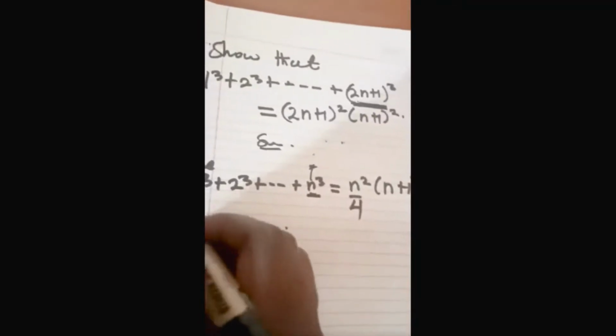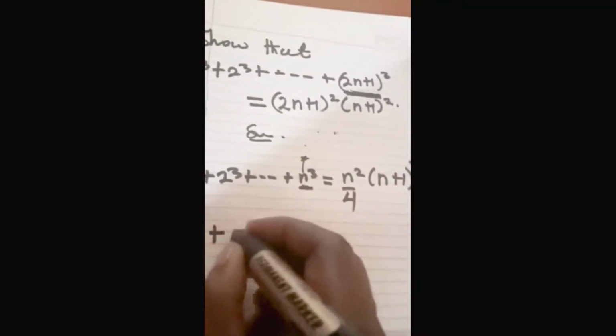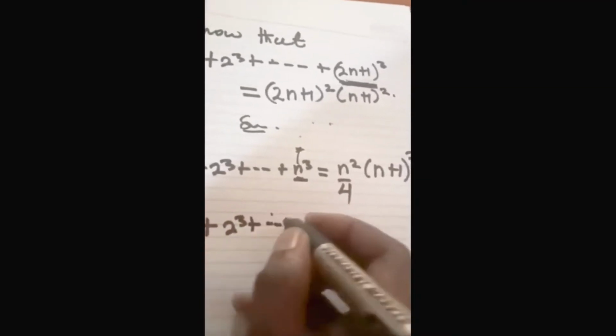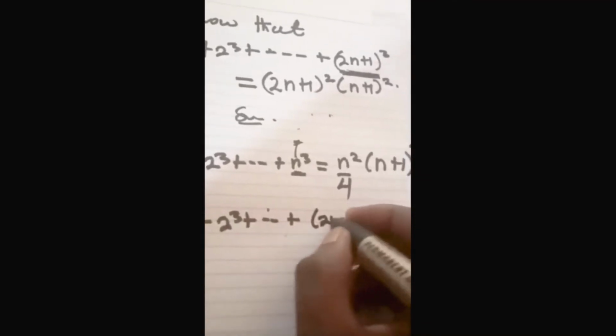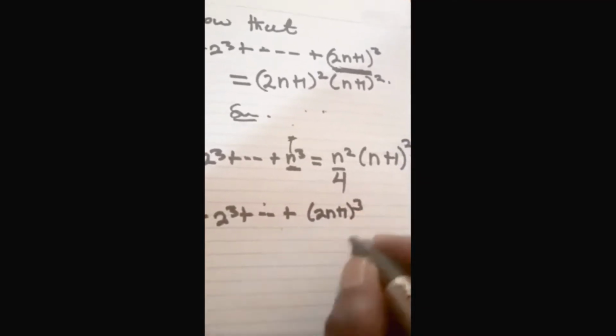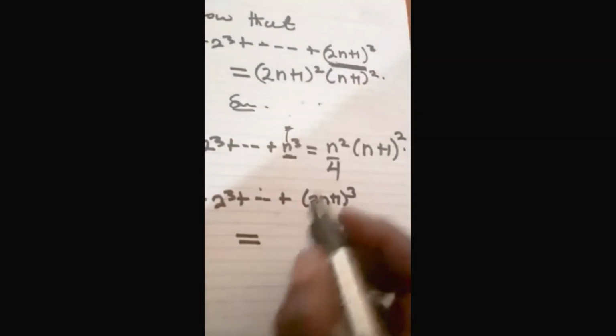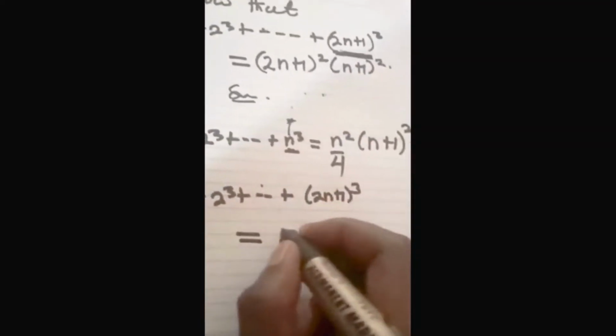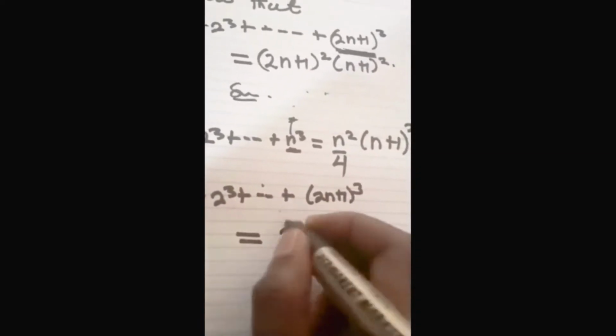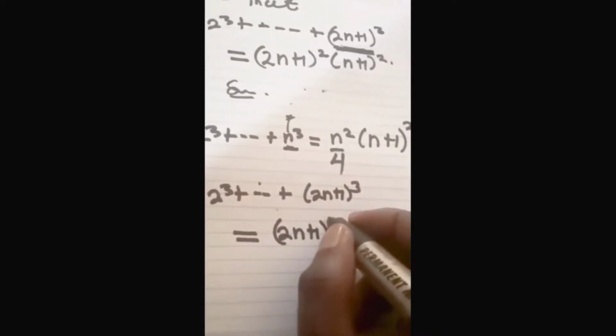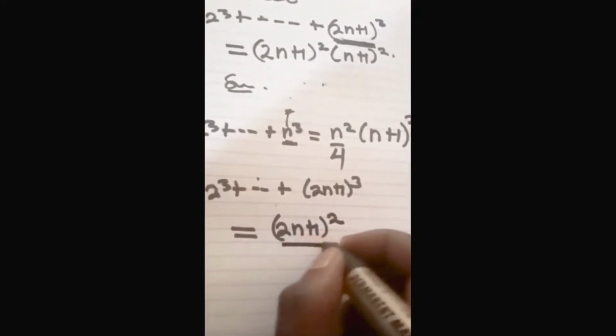That is the only difference. So this indicates to me that if I have 1 cubed plus 2 cubed plus others plus up to n plus 1 cubed, it will equal to, the formula is clear, n, this is 2n plus 1, this is squared over 4.